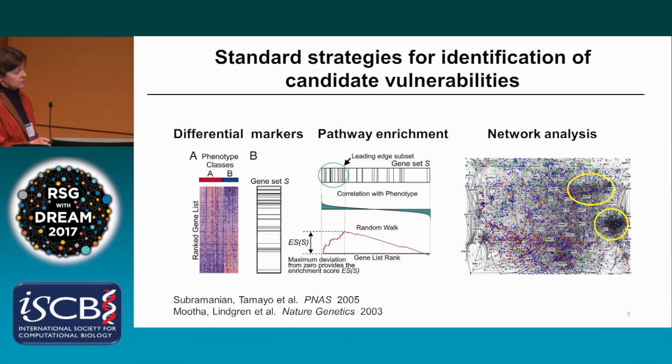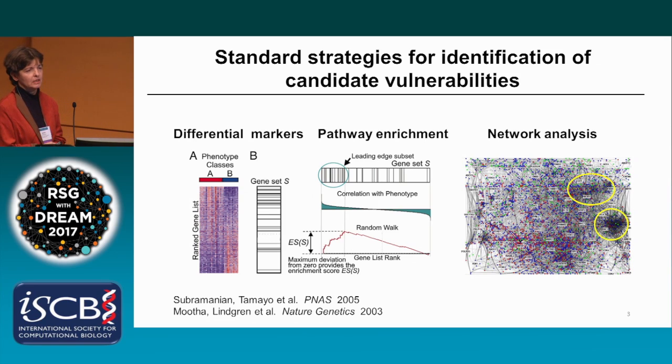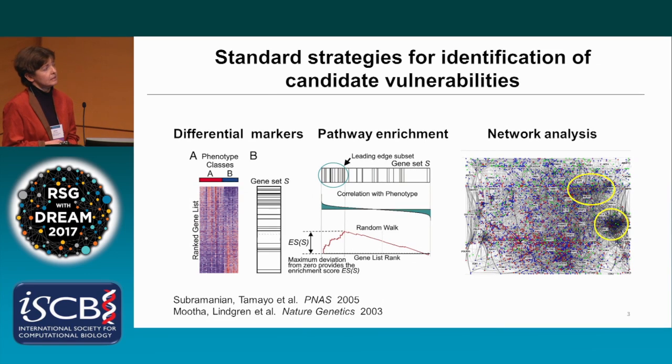So just looking at these standard procedures, like the differential marker analysis between lineages, or pathway enrichment, gene set enrichment analysis which differentiates between lineages, or even correlation network analysis, they are limited, and sometimes we show that they are unable to actually extract meaningful, reliable information about dependencies.